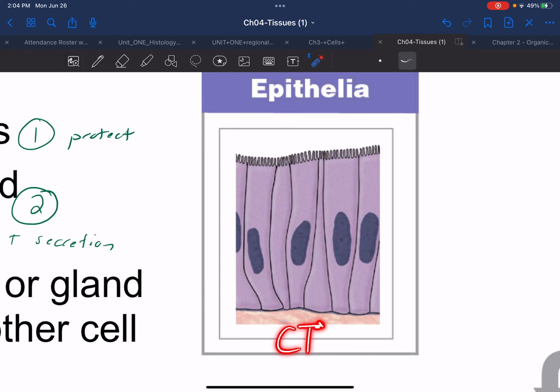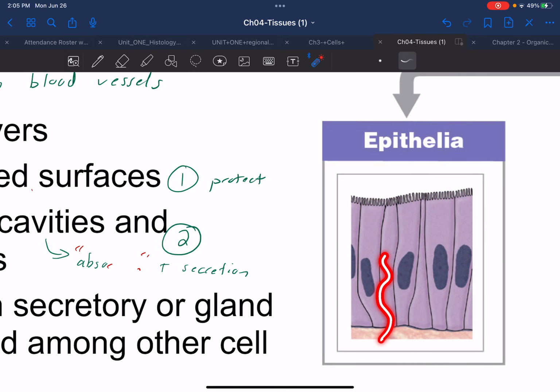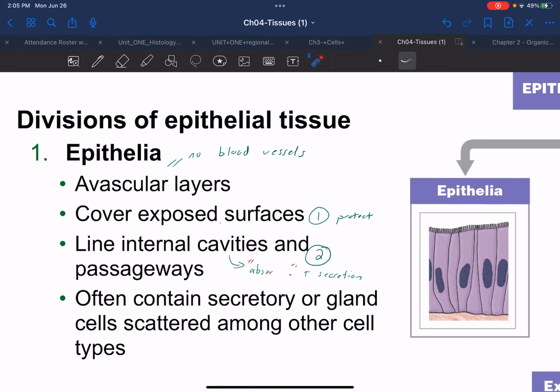And so these blood vessels in this connective tissue layer are going to be dropped off into these spaces, and those molecules are going to be placed into the cells, and then these cells can carry out their functions by using those nutrients. That is referred to as being avascular because they don't have blood vessels directly attached to them. That's the big difference. And so epithelia has no blood vessels.